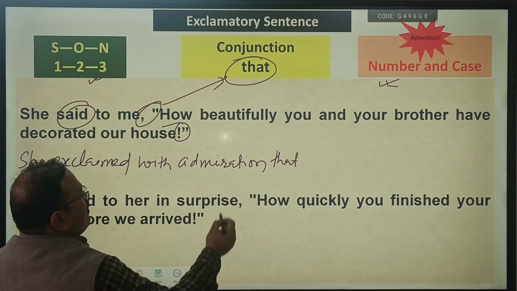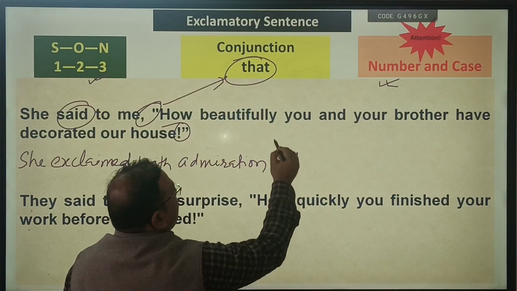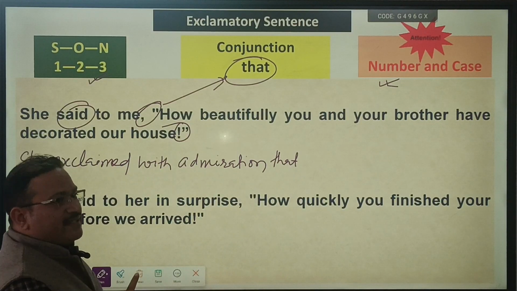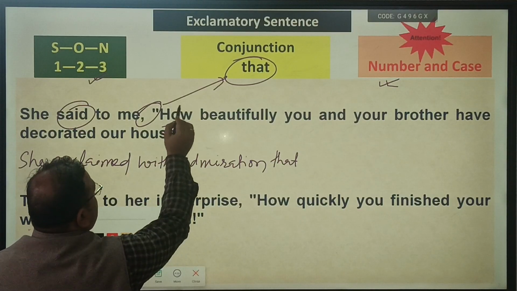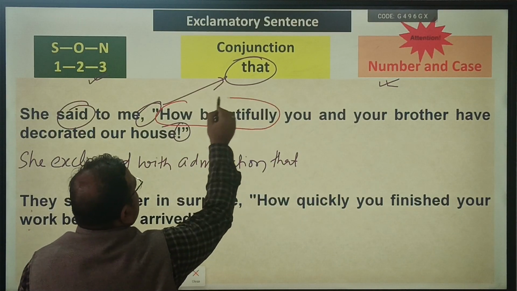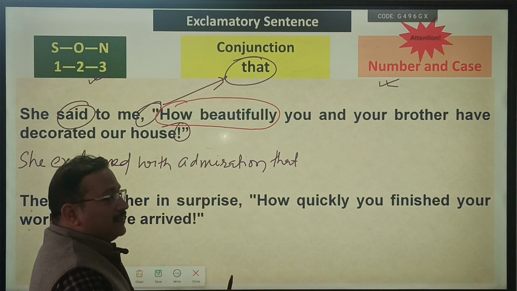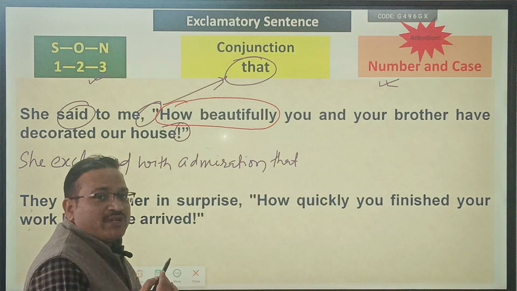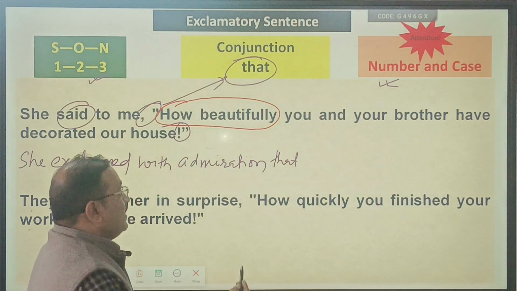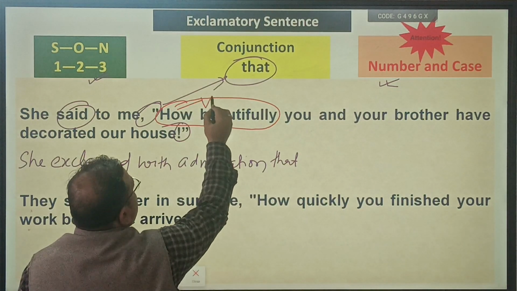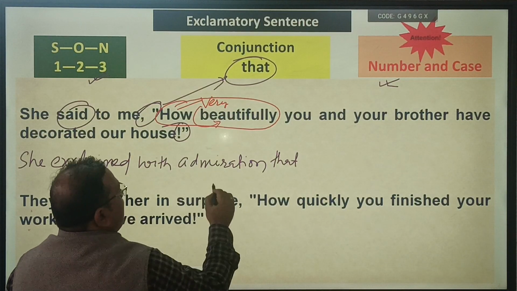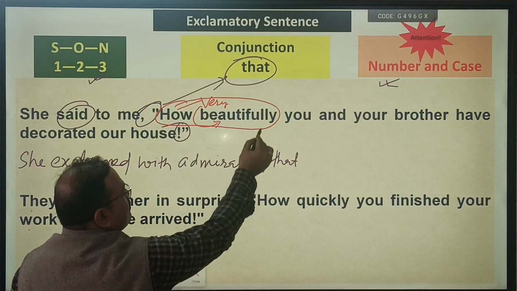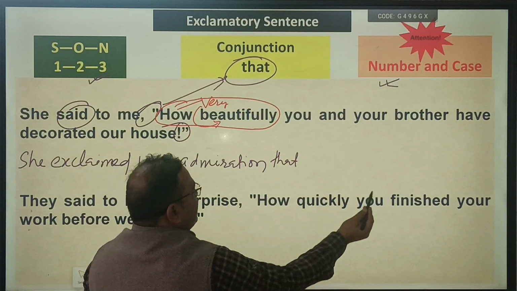She exclaimed with admiration that. Now, what you have to understand here. How beautifully, this type of expression you will find in the exclamatory sentence. So how will change into very, means very beautifully, and then we will use this expression suitably in the sentence.